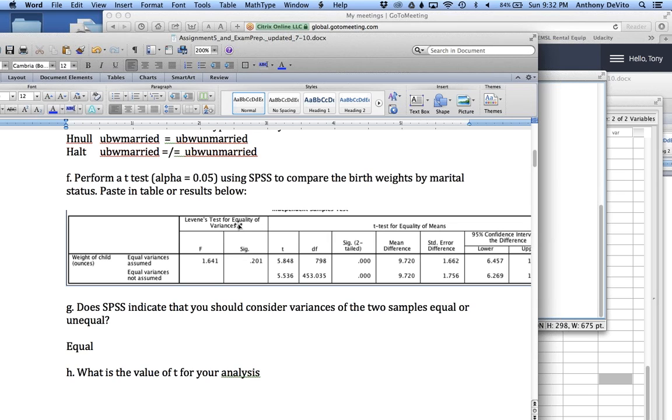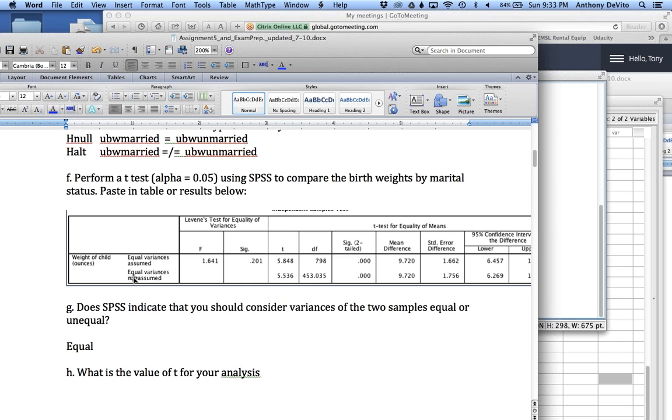So everything under this first header is just testing for the equality of the variances. Are the variances equal or different? This is the actual t-test that SPSS has run, the whole area under t-test for the equality of the means. The significance here is only there to help us decide whether to assume equal variances or assume the variances are not equal.